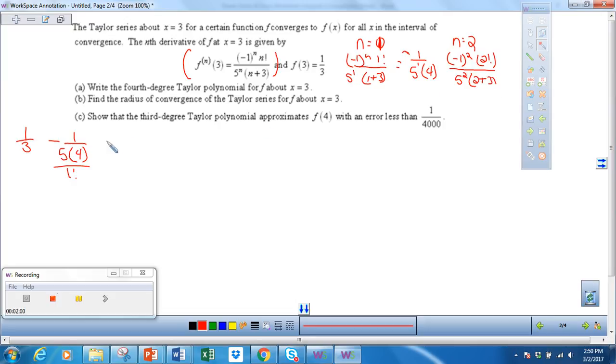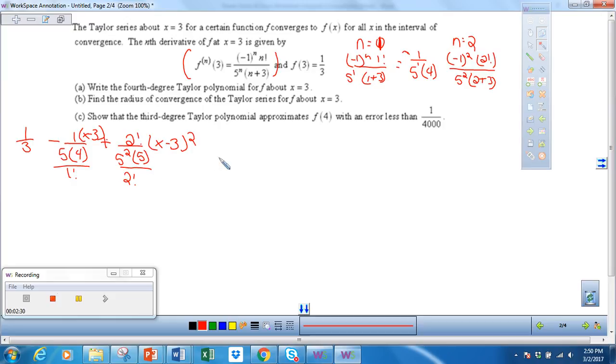After a while, I kind of see the pattern. This is going to be positive, so I can see that it's always going to alternate. And so I have 2 factorial over 5 squared times 5, and then this is going to be over 2 factorial. What did I forget in this? I forgot my x minus 3, because it's centered about 3, and this is x minus 3 squared.